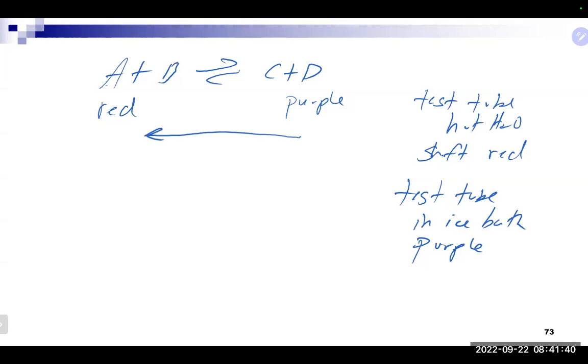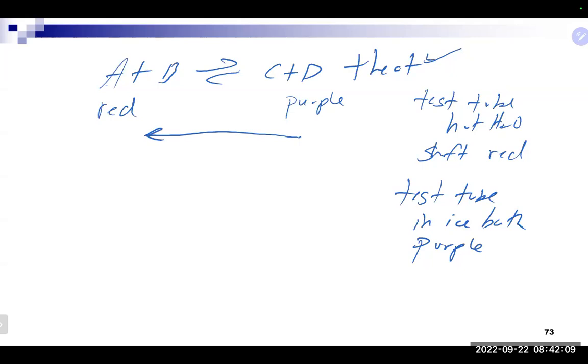That tells me that when I increase the temperature, it should shift towards or away from where the heat is. Away, right? So in order for it to shift to the left-hand side and turn red, that would mean that my heat would have to be a reactant or a product. It would have to be a product, right? Because I increased the temperature, it shifted away from it and made it red.